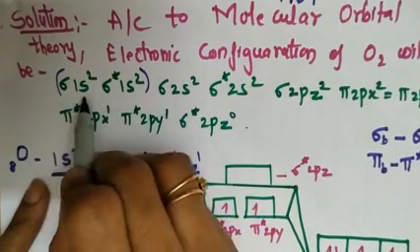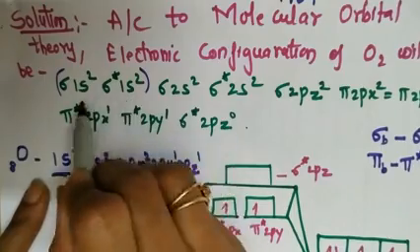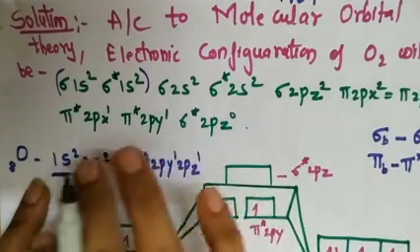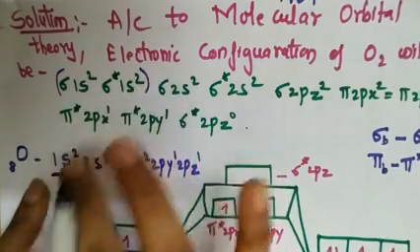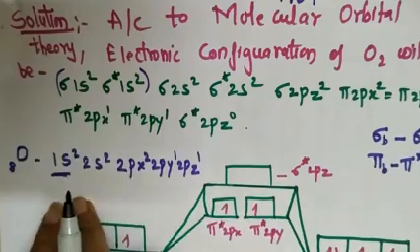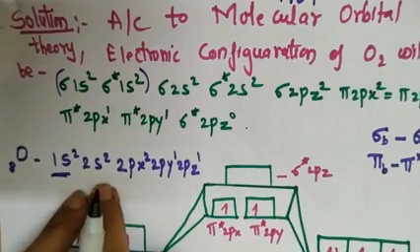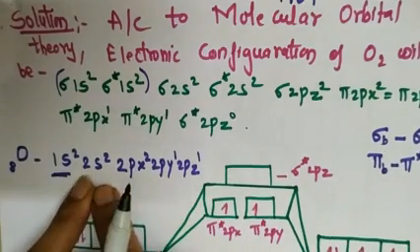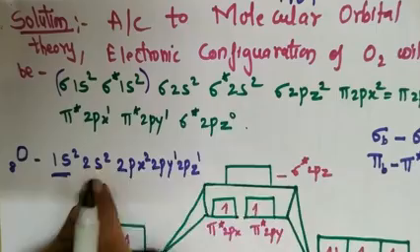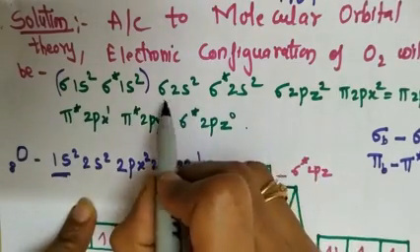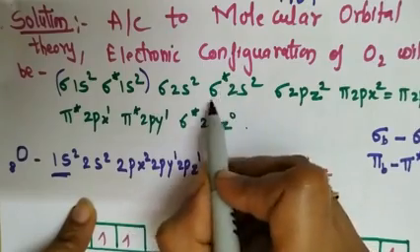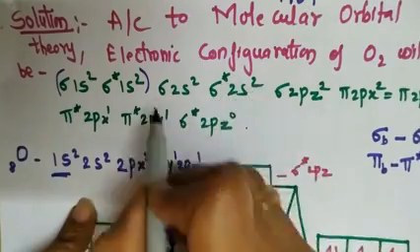Obviously it is an s orbital, so it will only form a sigma bond, it will not form a pi bond, and so we will not go for a pi bond for this orbital. Next, for 2s, it is also an s subshell, so it will also show only a sigma bond. So for 2s we will write sigma 2s2 and sigma star 2s2, which means sigma anti-bonding 2s2.